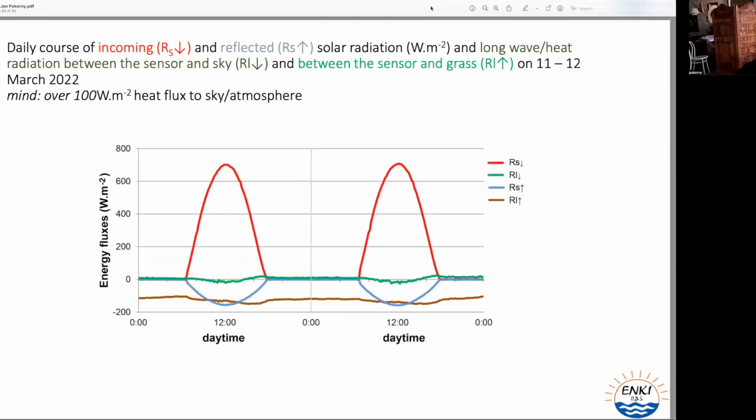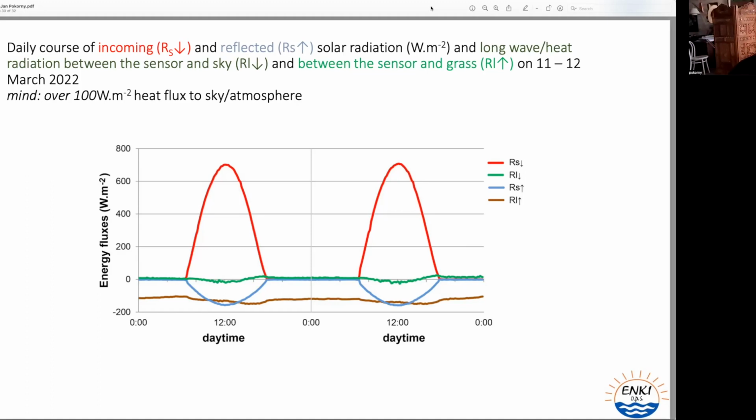Next one. And now there is a March this year. We had very clear sky and we had very nice weather. So this is this red curve which shows what is really measured. It's not a model. The solar energy maximum was 700.